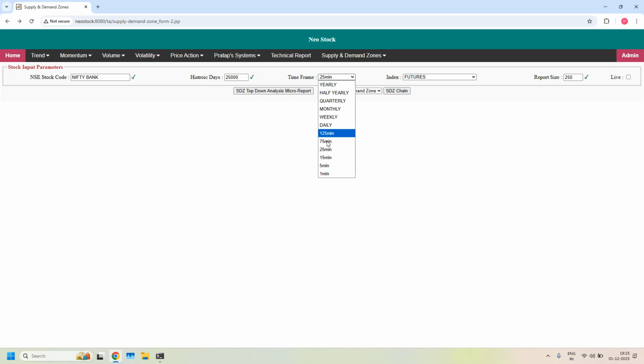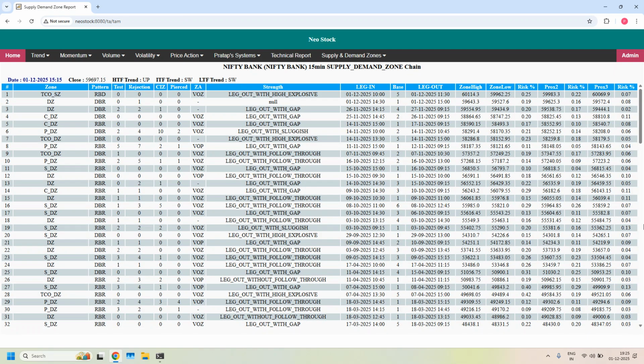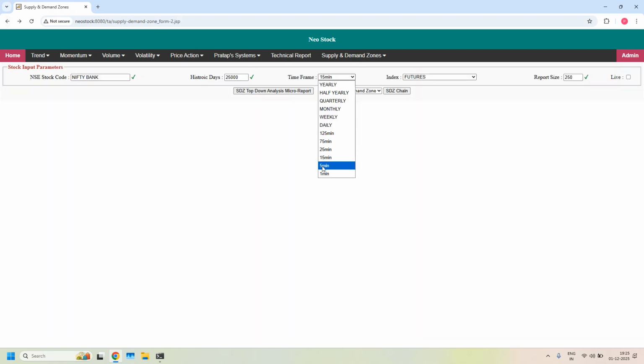Next, generating 15 minutes supply demand zone chain for BANKNIFTY. Next, generating 5 minutes supply demand zone chain for BANKNIFTY.